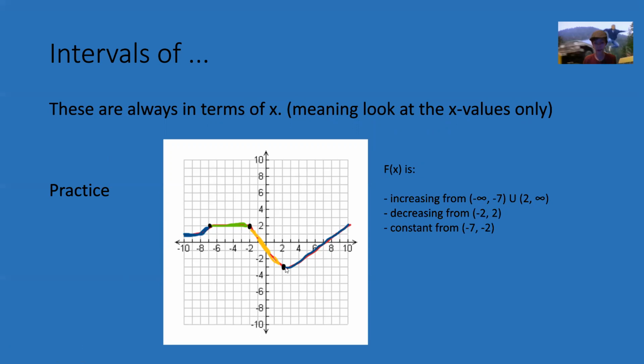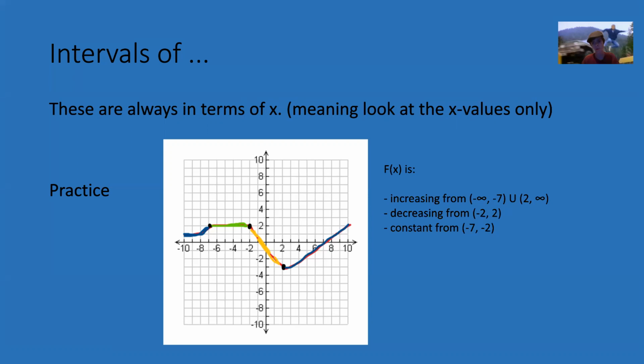But then it's also increasing from 2 to infinity, the other blue piece. So the blue is increasing, and then it's decreasing from negative 2 to 2, which is the yellow. And it's constant from negative 7 to negative 2. I don't really need to do any more explanation. Hopefully you understand that. That's pretty simple.